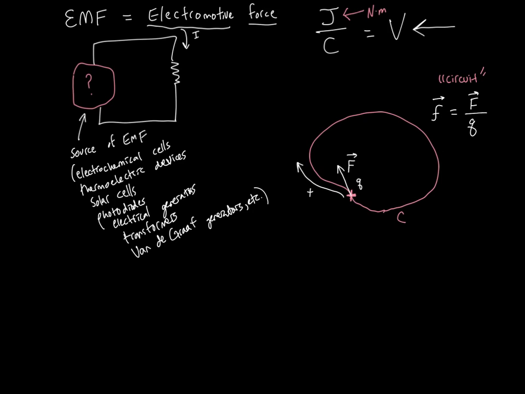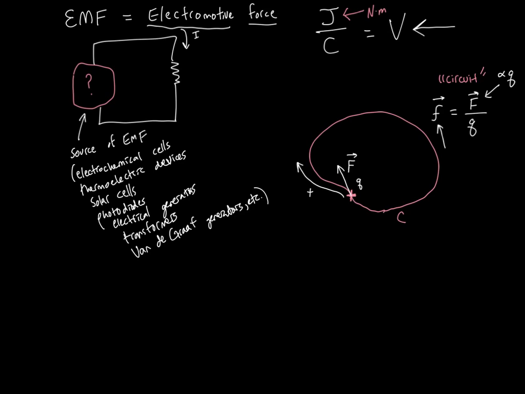So little f is independent of the actual quantity of charge that we're carrying around this circuit, because the force is proportional to the charge itself. If we take the force and divide it by the charge, we get a number, the force per charge, that is independent of the charge itself, which we're calling little f.